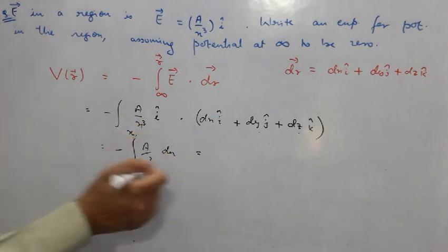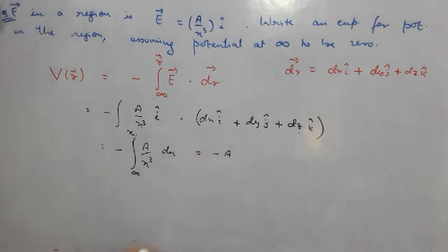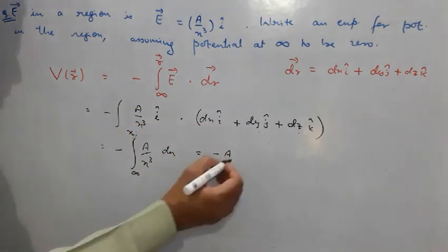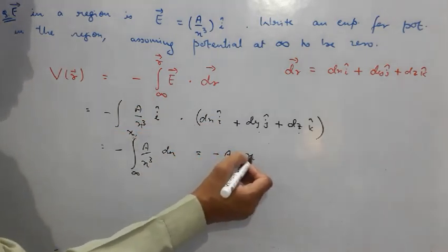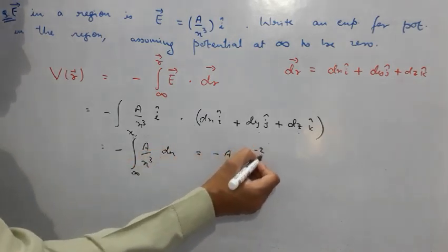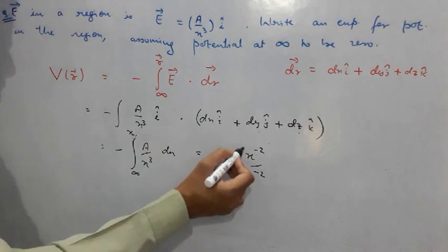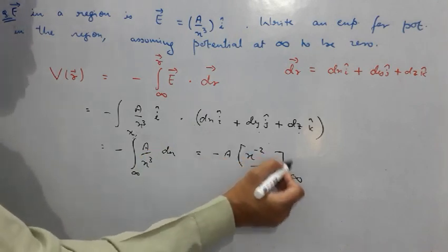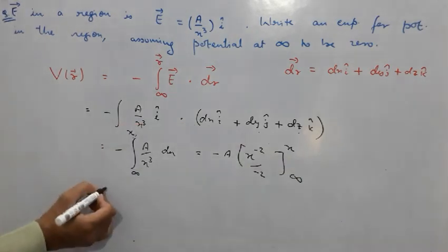It will be like so. So minus a will come out of the integration. Now dx by x cube will become x to the power minus 3 plus 1 by this much, and the limits will be from infinity to x.